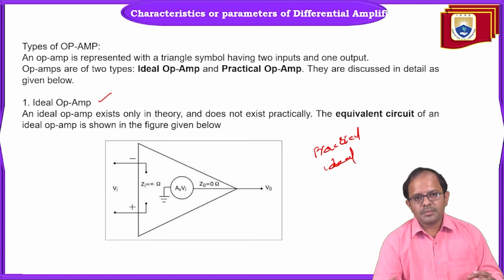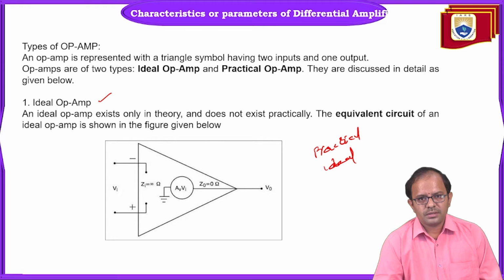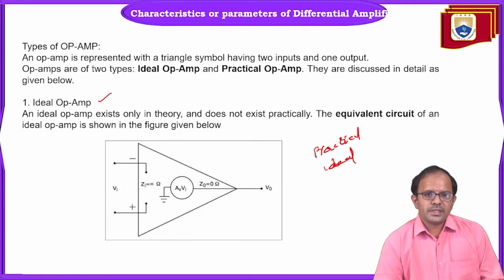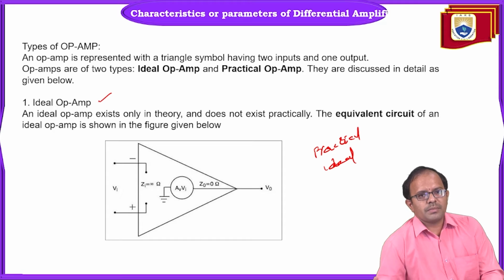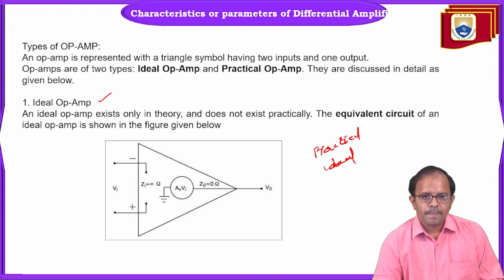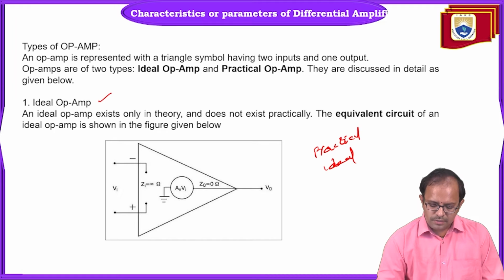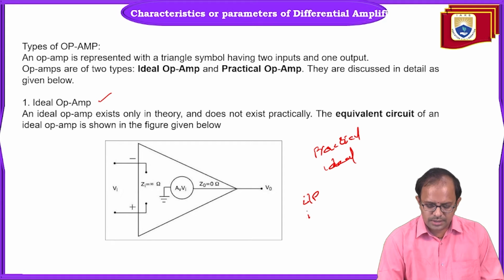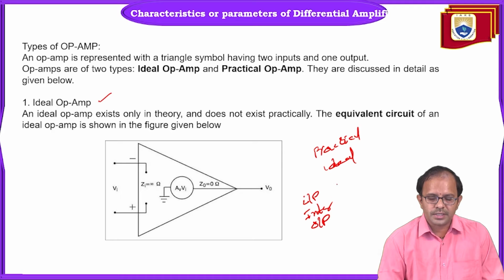So why are we suddenly bringing in the term operational amplifier? We have seen in the basic block diagram that an operational amplifier consists of three stages. First will be the input stage, second will be the intermediate stage, and the third one will be the output stage.